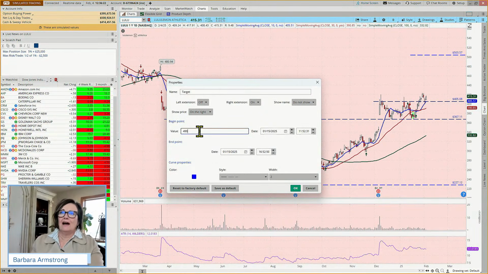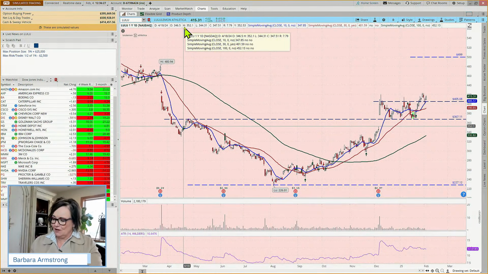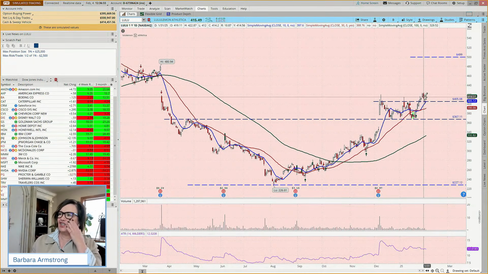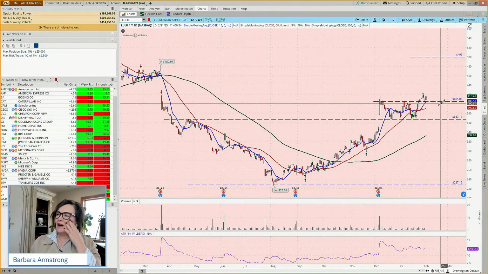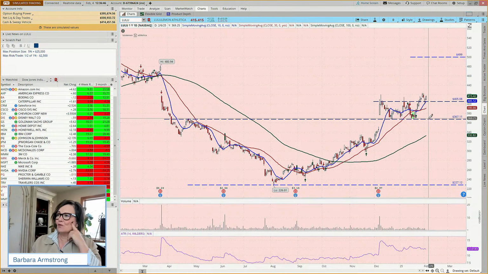So if we can buy $25,000 worth of stock, how many shares would that be at 415? I take 25,000 divided by 415. We could buy 60 shares. And if we want to give it some room to move, because we've got 400 of our 500,000 sitting here in cash, would it be the end of the world if it came back down to this 367-ish level?